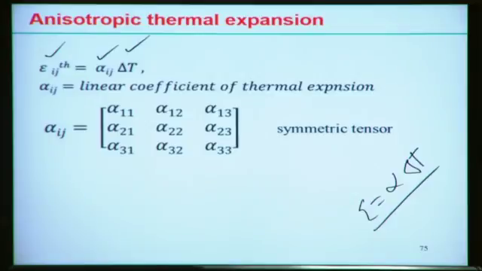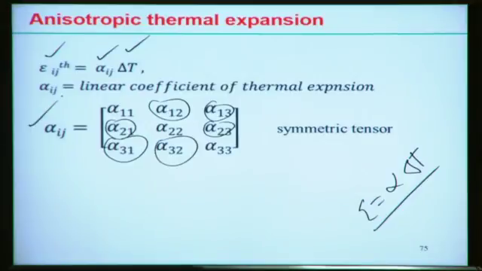If we consider a symmetric tensor, alpha 12 and alpha 21 are the same, alpha 13 and alpha 31 are the same, alpha 23 and alpha 32 are the same. So this is the symmetric matrix for the linear coefficient of thermal expansion.